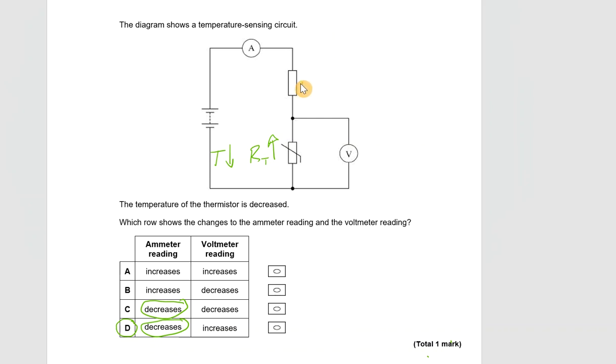So if I just call that resistance R, then the potential difference across the thermistor over the potential difference across resistor R is going to be equal to the resistance of the thermistor over the resistance of resistor R. So as the resistance of the thermistor increases, the potential difference across the thermistor will increase. In other words, the voltmeter reading will increase. So the answer is D.